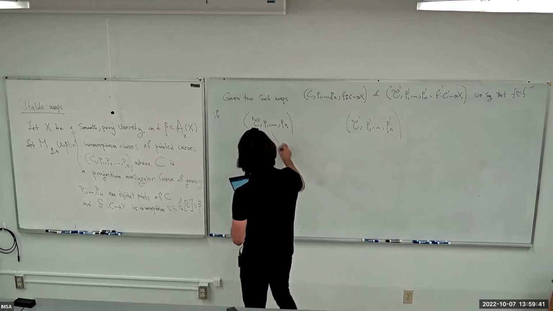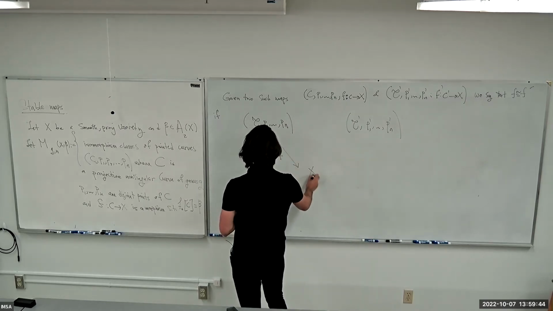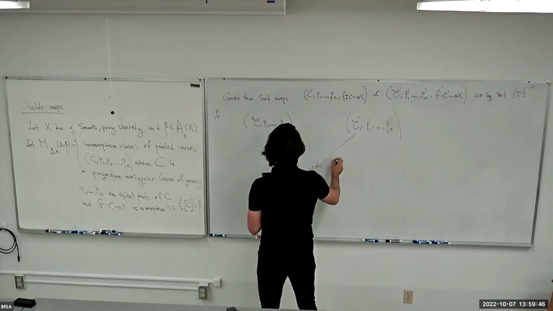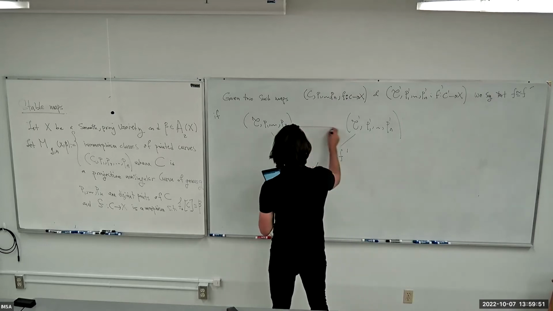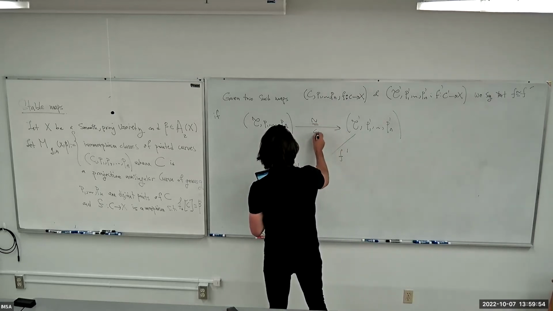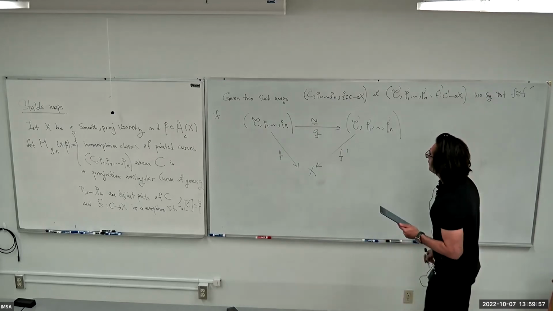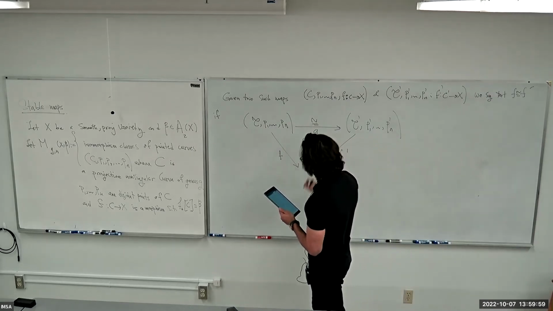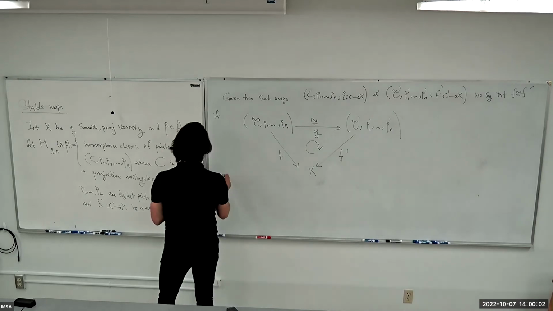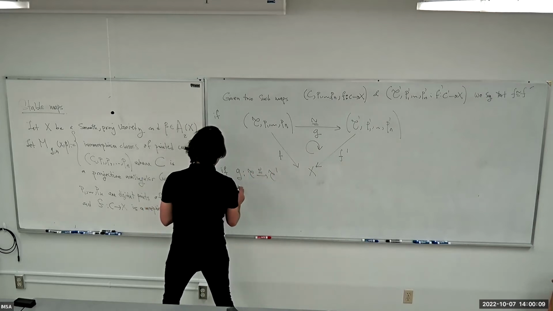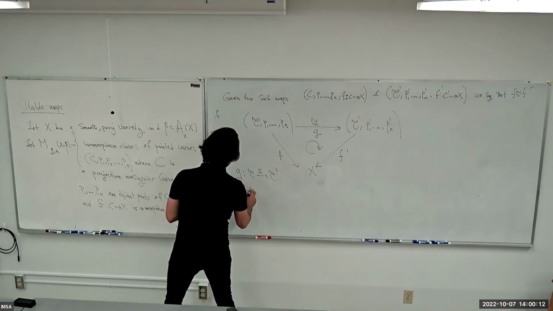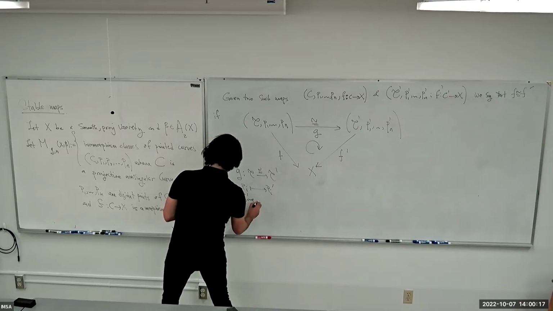You send both of these things via your maps to your variety X, and you would like to have a morphism between them, and you call this morphism G, and you like this diagram to be commutative. G is sending C isomorphically to C prime, Pi, and under this map Pi's go to Pi prime, and F prime composed with G is the same as F.